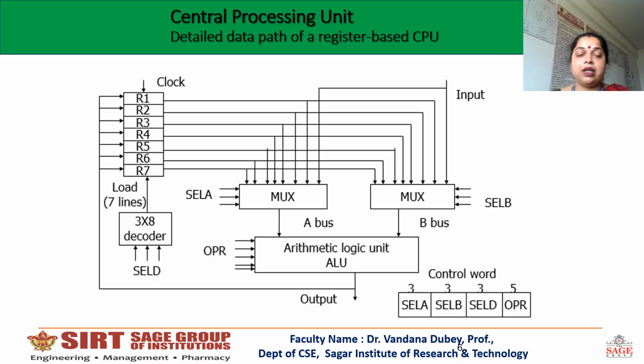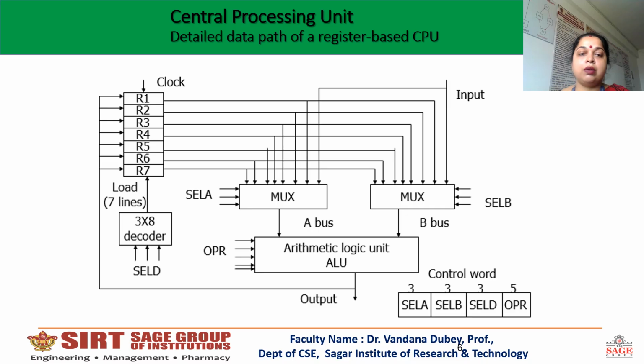Now, talking about the working of the CPU data path, the control unit generates select A, select B, and OPR signals to choose two registers and the desired operation. The selected registers send their data through A bus and B bus to the ALU.